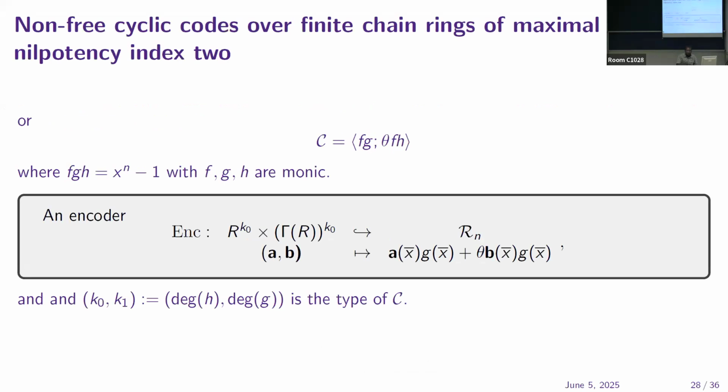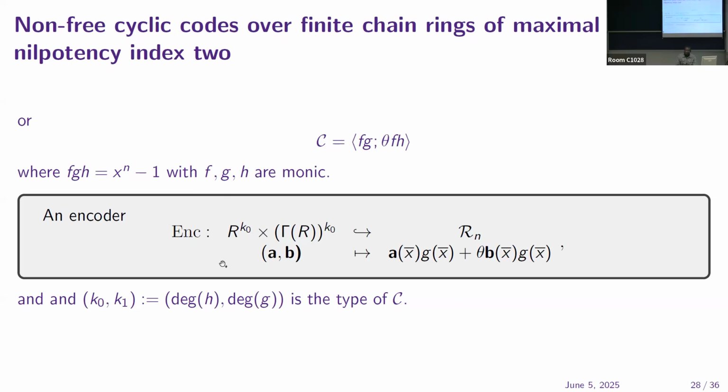Okay, second, C is generated by F_j theta F_h, where F_j F_h equal x^n minus 1, F_j monic. The encoder is defined by this map.